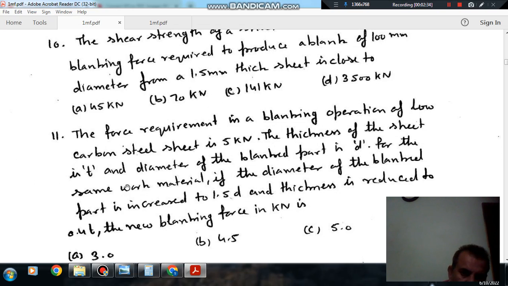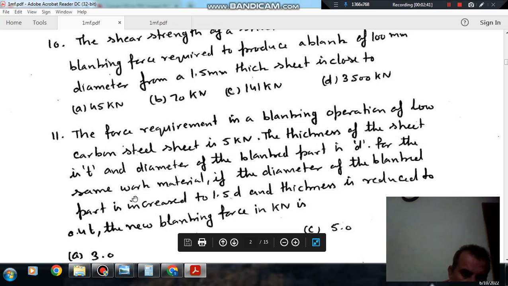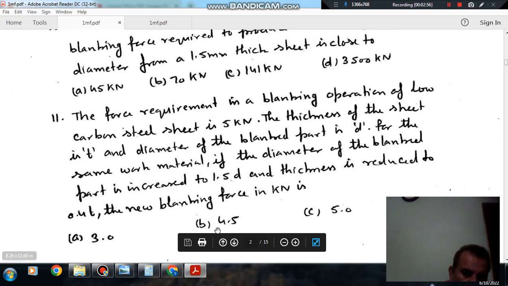The thickness of the sheet is T and the diameter of the blank part is D. For the same work material, if the diameter of the blanked part is increased to 1.5 D, the thickness is reduced to 0.4 T. The new blanking force in kilonewton is option A 3, option B 4.5, option C 5, option D 8.